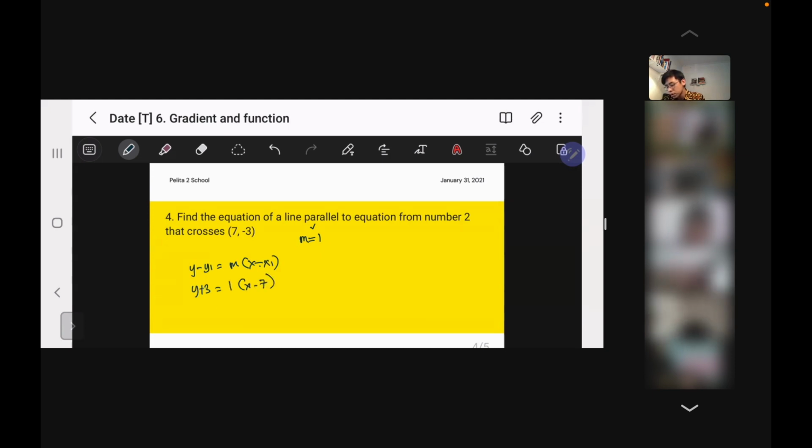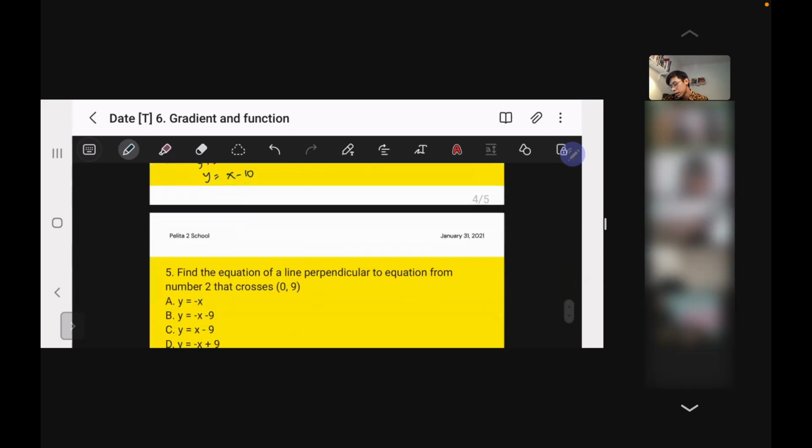Y plus 3, because minus 3 becomes plus. So y plus 3 equal x minus 7, y equal x minus 10. So that's number 4.